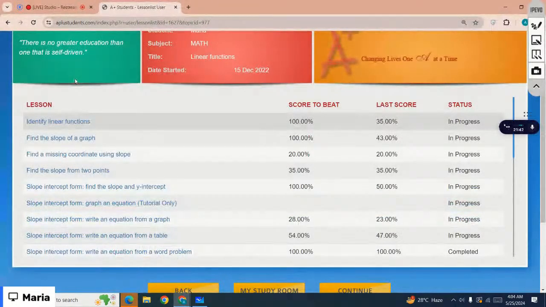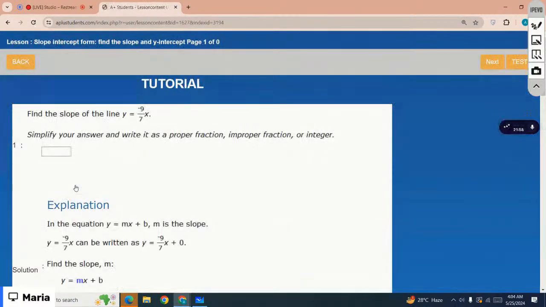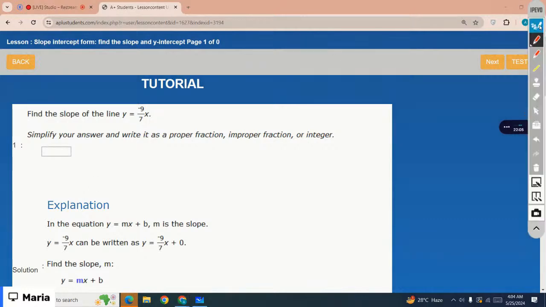Here I am on grade 9 math. Let's just start with the linear functions. Let's start with the lesson that is slope intercept form, find the slope and y-intercept. Find the slope of the line y equals negative 9 by 7x, right?